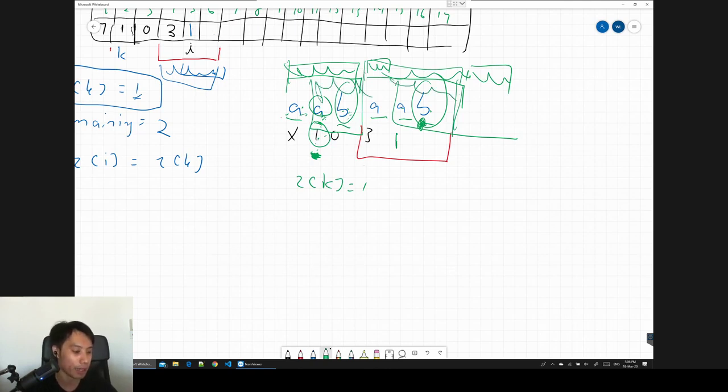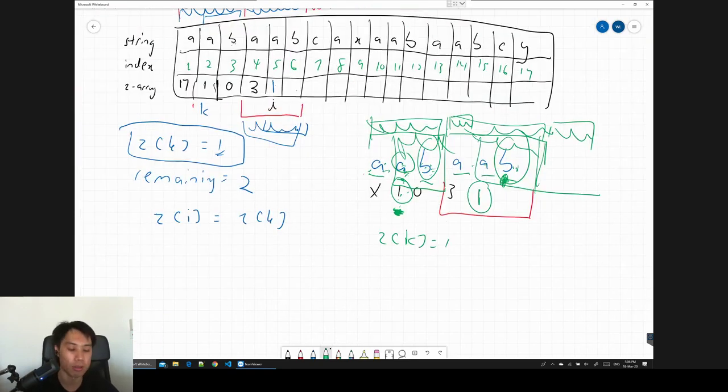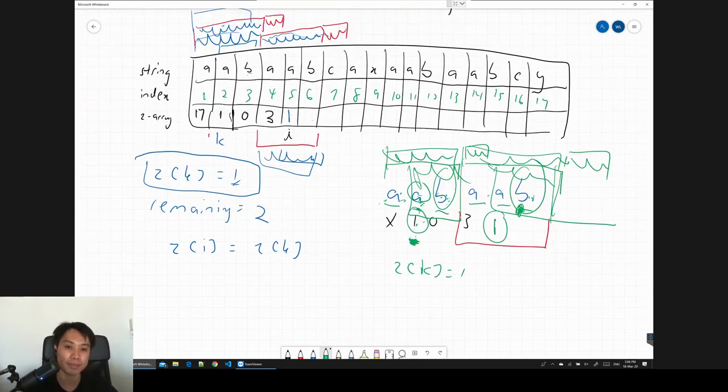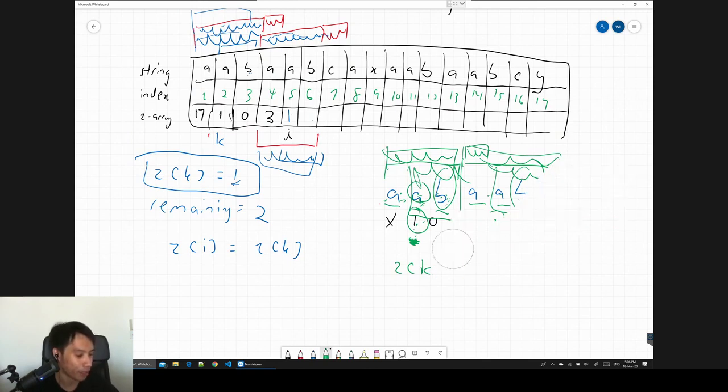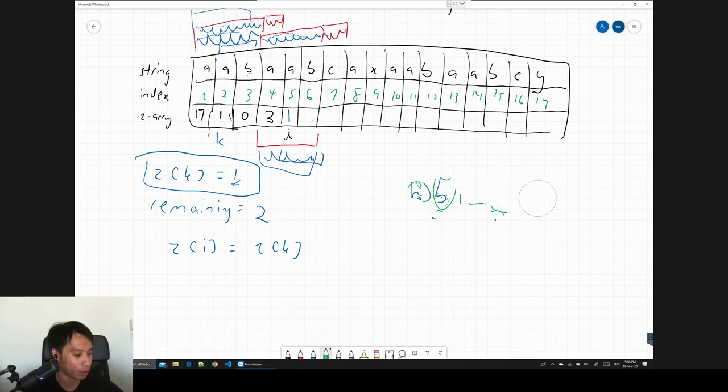And because the alphabets are the same, you know A and A is the same as the prefix, B and B is not the same as the prefix. So the length of 1, you can just reuse it instantly. Okay? So this is the first case, which is why you're able to just reuse it instantly.